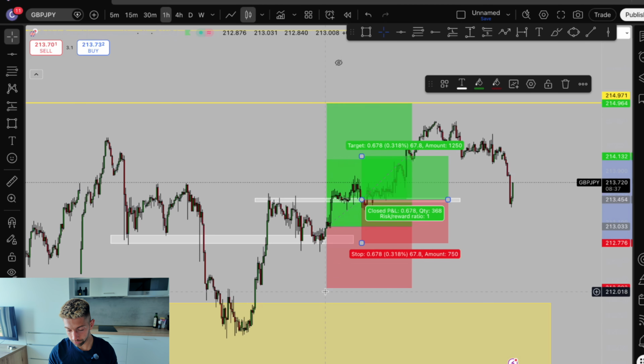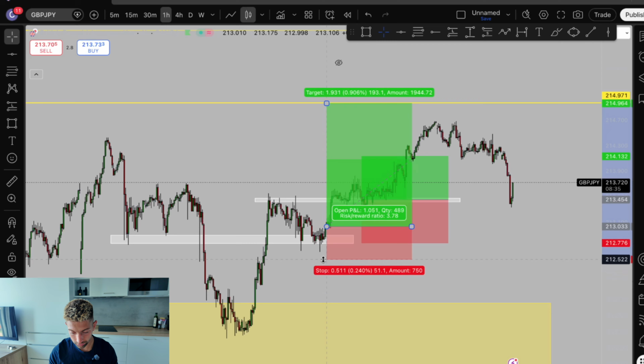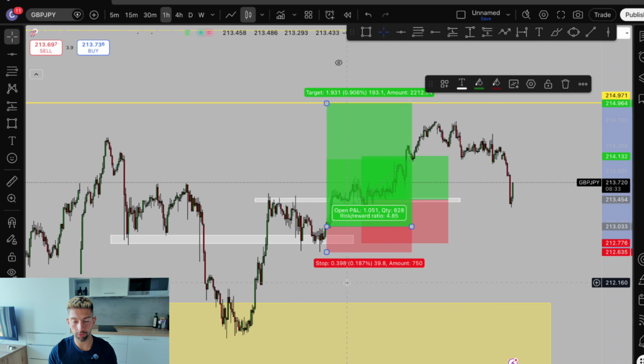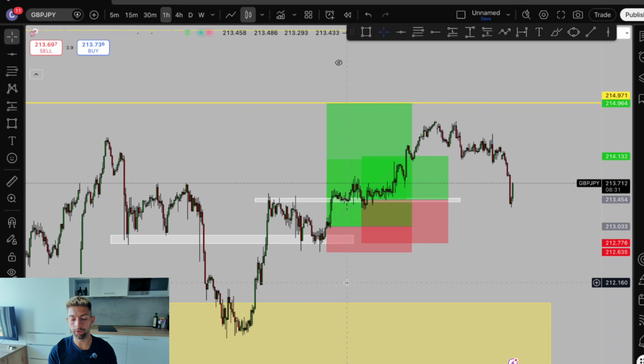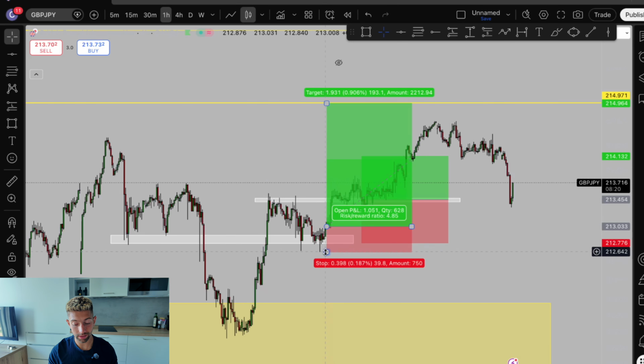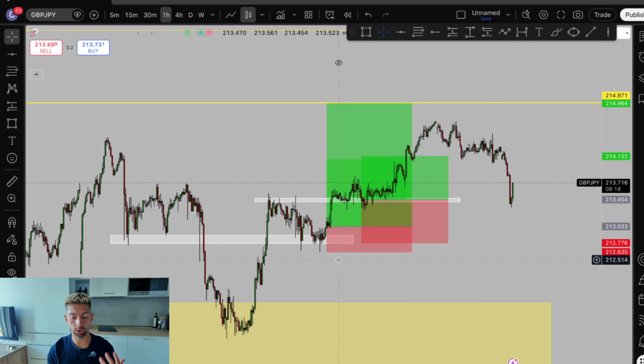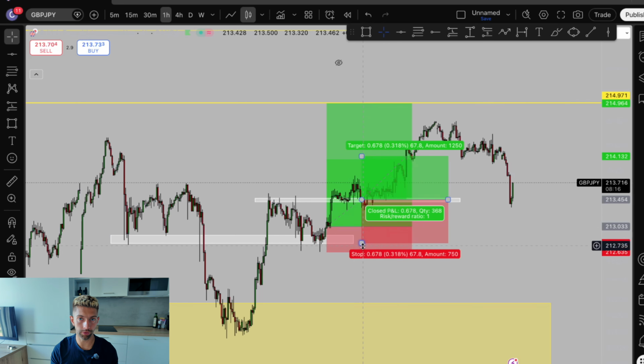So this stop loss from 100 pips went down here to only 40 pips, which means if I was risking 1% on an $80,000 Rebels Funding account, I was risking $800, which means from 800, my risk is right now 350. So I can risk another 450 to be total 800.